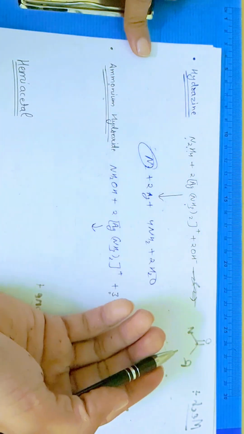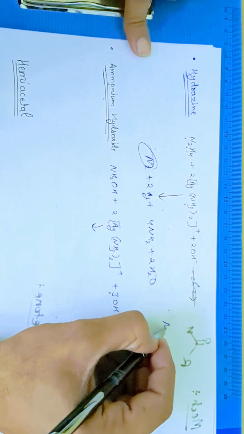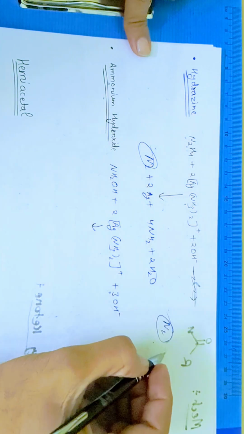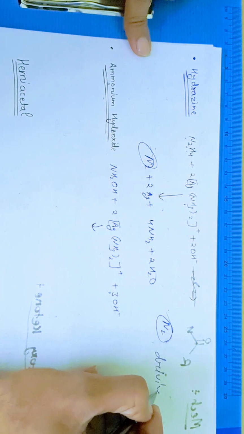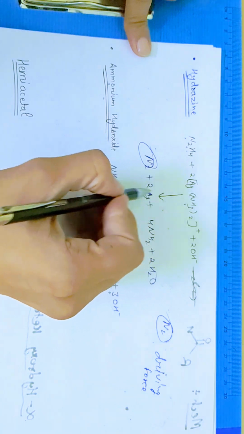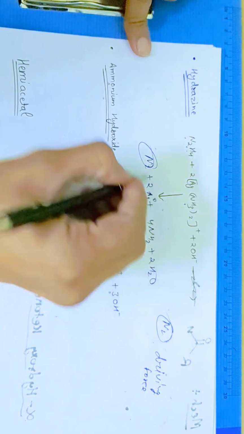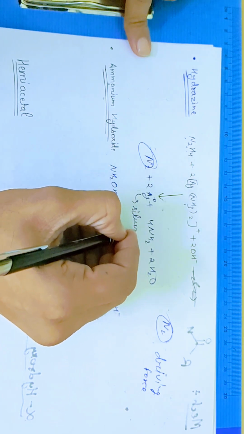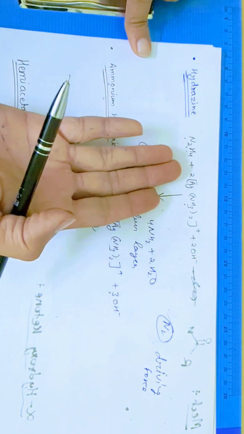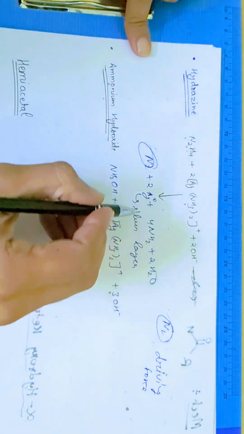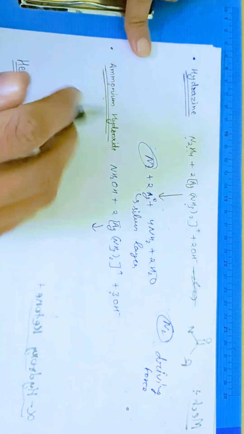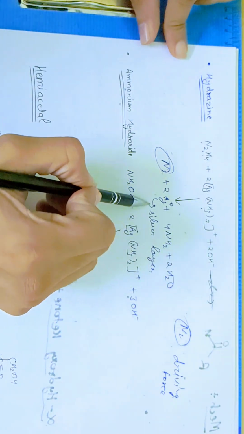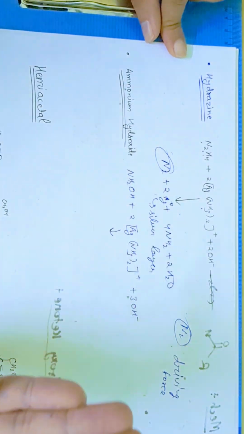N2 is a gas, so it is a driving force for this reaction. Now you can see Ag is converted into Ag0, the elemental form, so a silver layer will be formed. So we can say it shows a positive Tollens test because it reduces Ag positive. Any species which can reduce Ag positive to Ag0 will give a positive Tollens test.